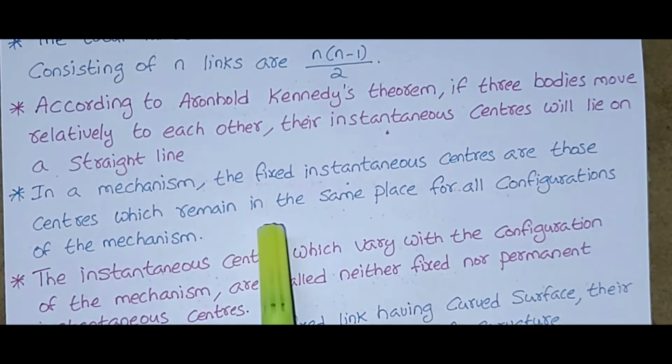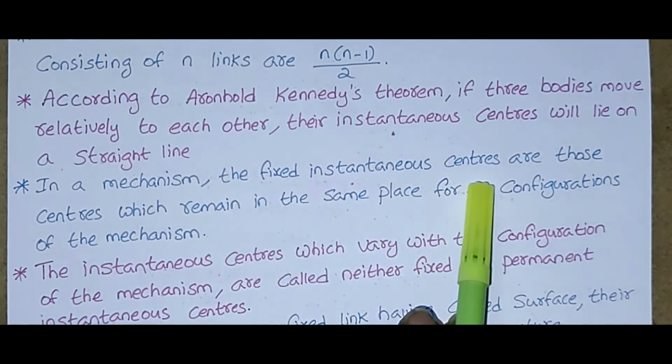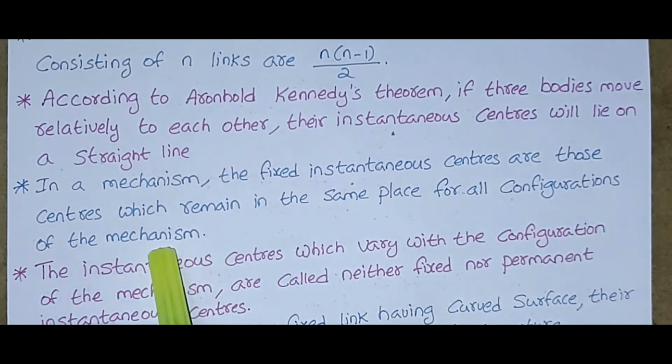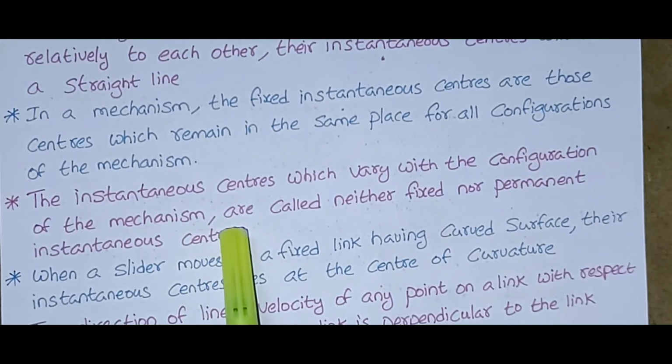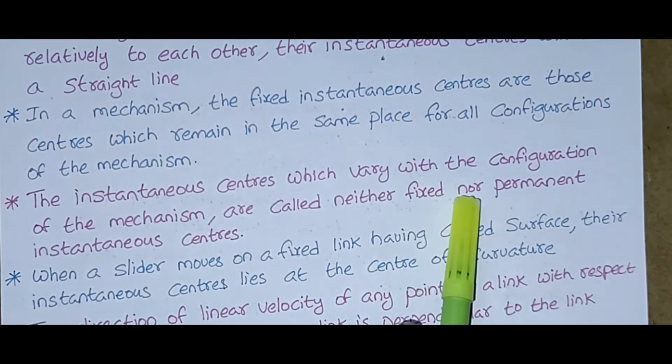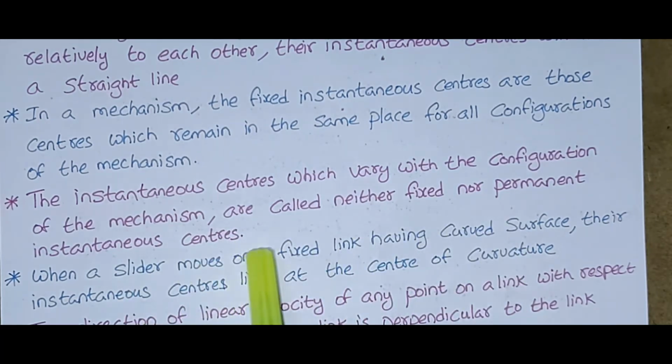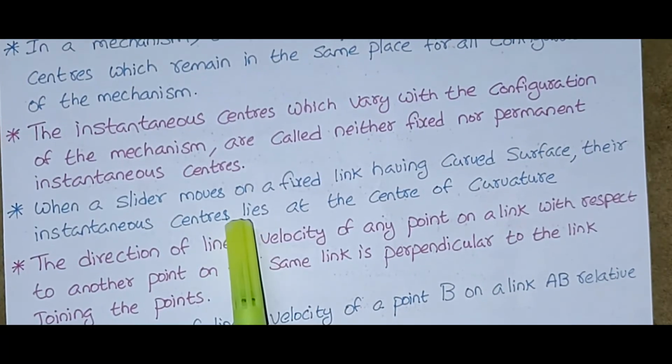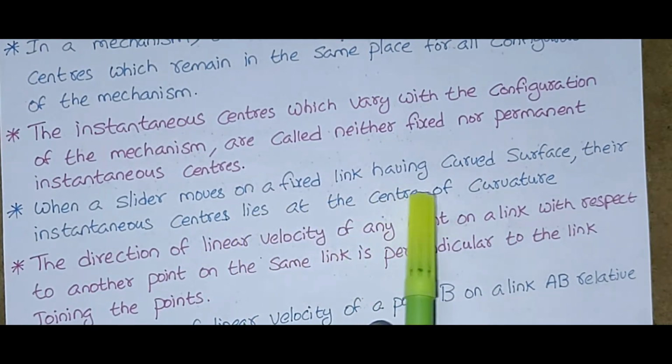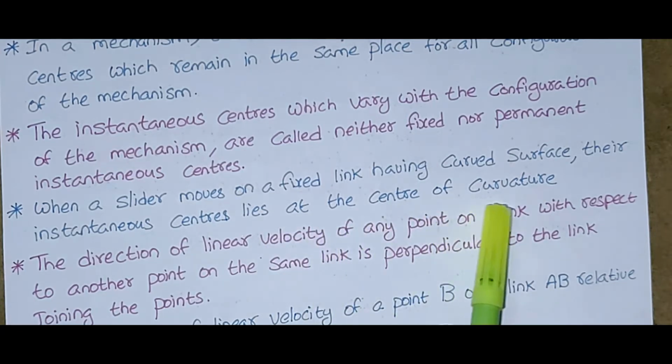In a mechanism, the fixed instantaneous centers are those centers which remain in the same place for all configurations of the mechanism. The instantaneous centers which vary with the configuration of the mechanism are called neither fixed nor permanent instantaneous centers. When a slider moves on a fixed link having curved surface, their instantaneous center lies at the center of curvature.